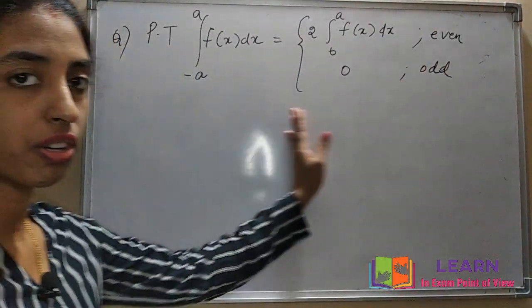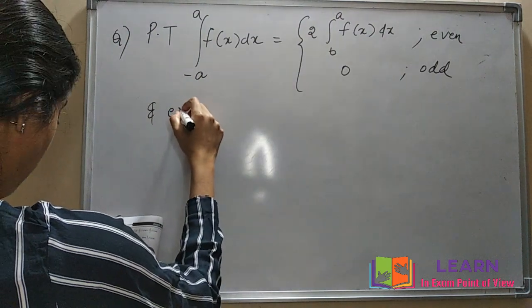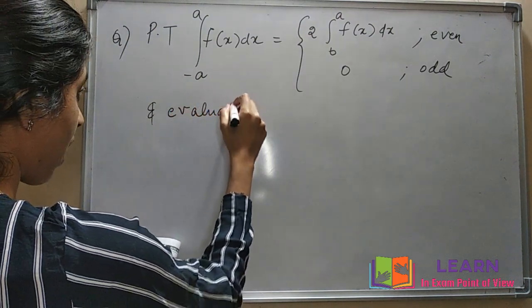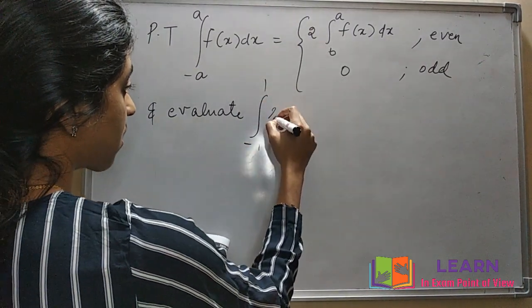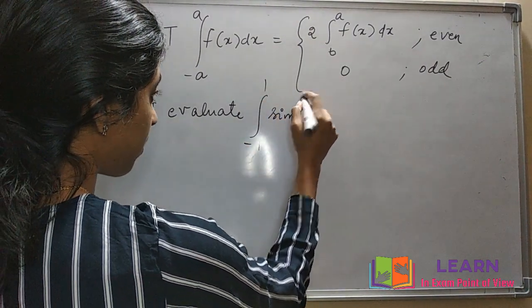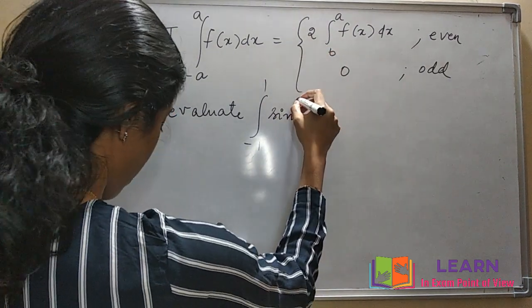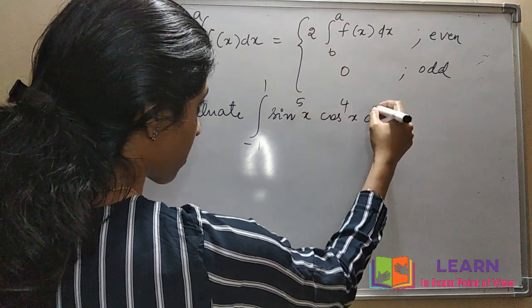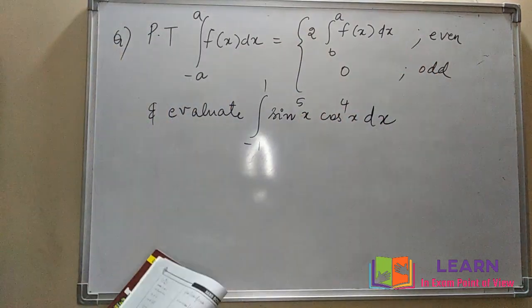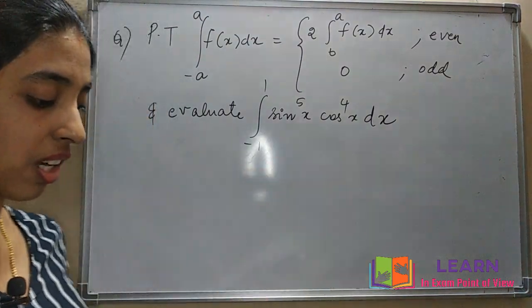This proof we already did. So for the related question, we have to evaluate the integral from minus 1 to 1 of sine raised to 5x cos raised to 4x dx. This is the question we need to evaluate.